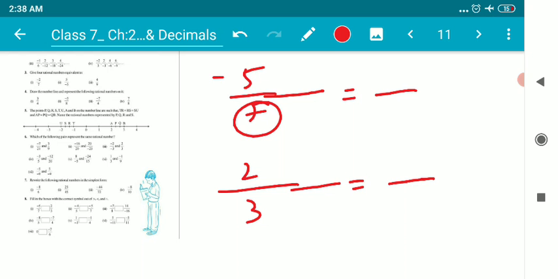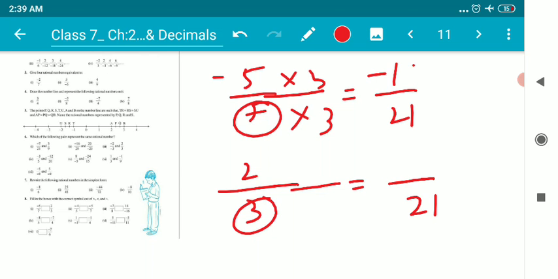LCM of 3 and 7 will be 21. Write 21 here, write 21 here. Children, 7 becomes 21 when we multiply it by 3. So I have to multiply 3 with the numerator also. If you multiply by 3 in the denominator, you have to multiply by 3 in the numerator as well. It's a rule. So 3 into minus 5 is minus 15. Now how does 3 become 21?